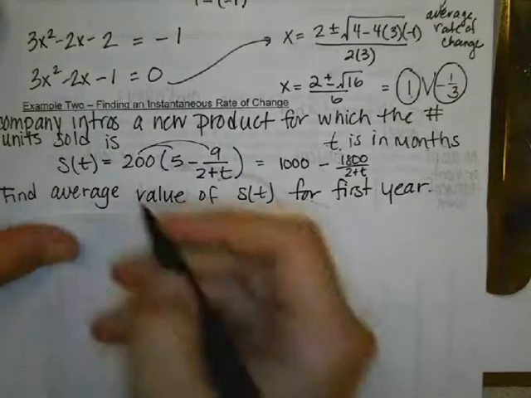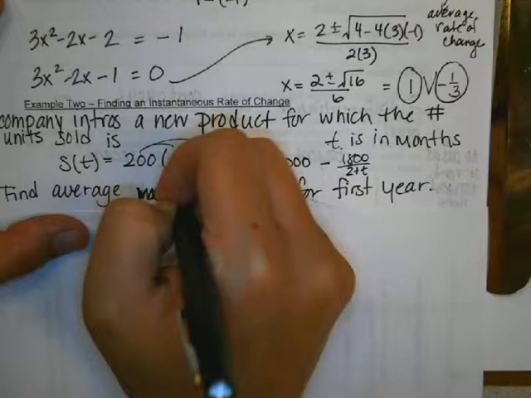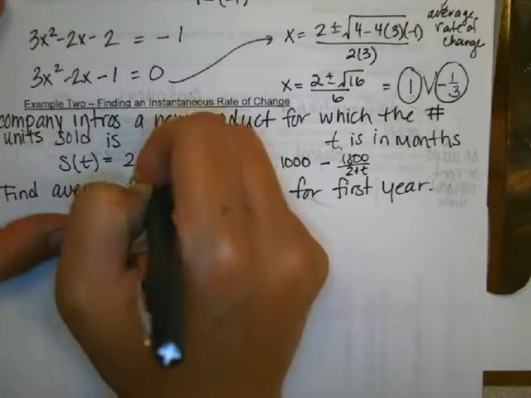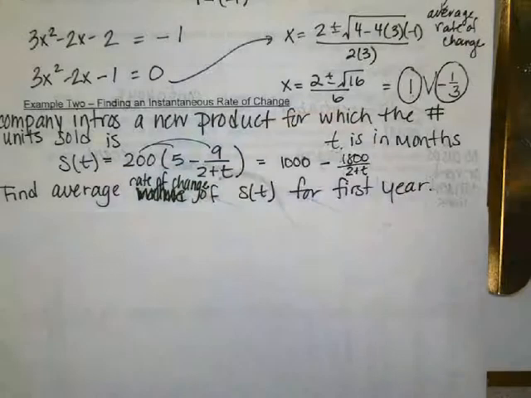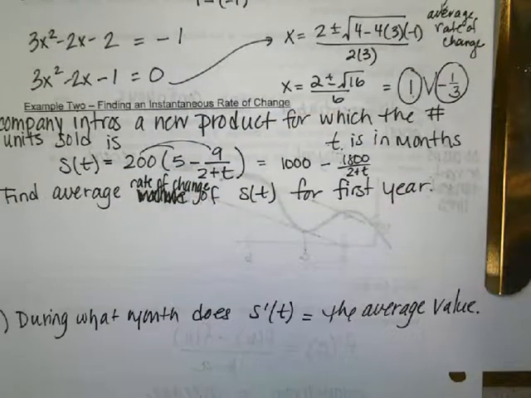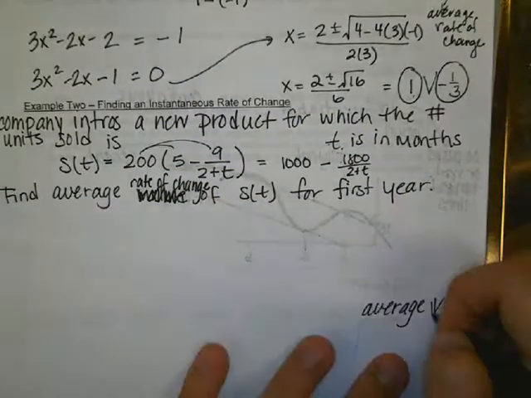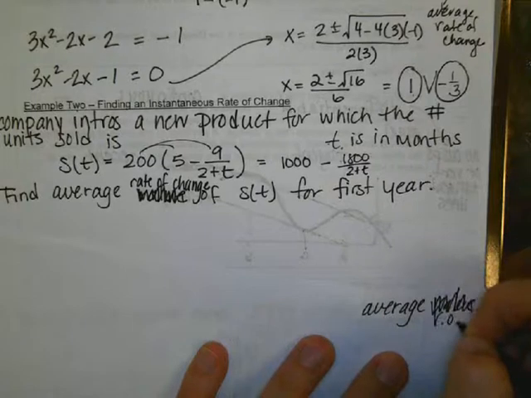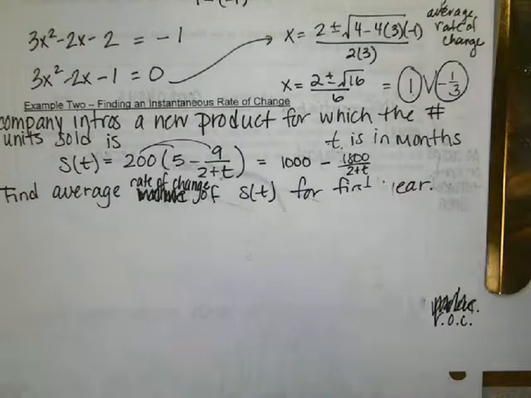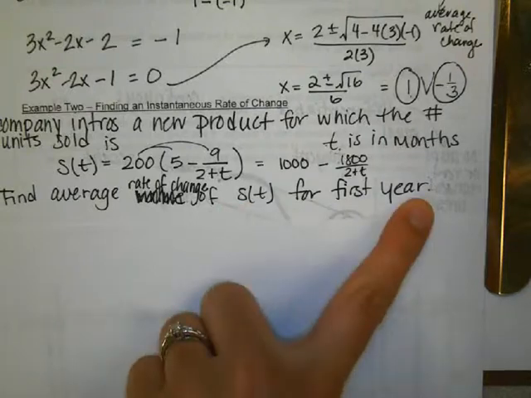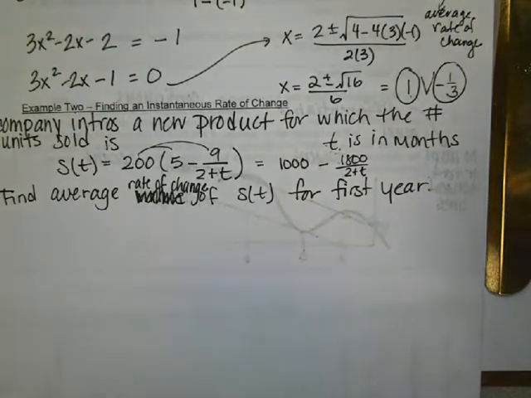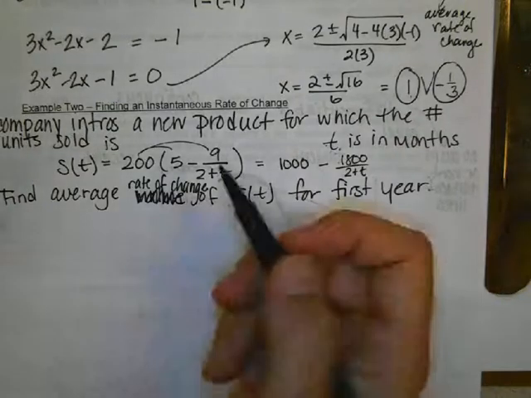I'm going to have to change this wording here. Actually, that's what it would be asking. So we're going to find the average rate of change of S of T for the first year. So, to do that, we're going to take the derivative.